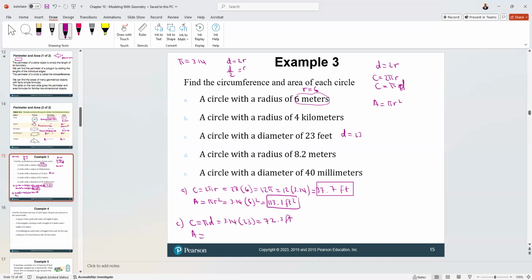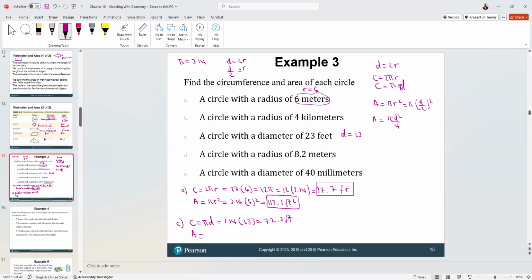So if we want to rewrite this one, we can say pi d over 2 squared. So it's going to be pi d squared over 4. That's the formula we're going to use to find the area.